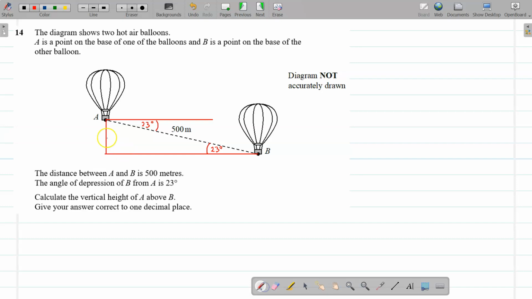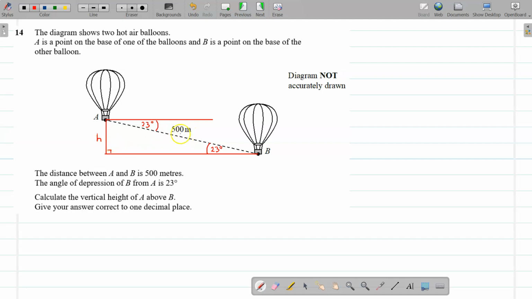Okay, so right angle triangle. I'm going to call this height here H, and I'm going to do some trigonometry because I know that the opposite over the hypotenuse, this H is for the height.